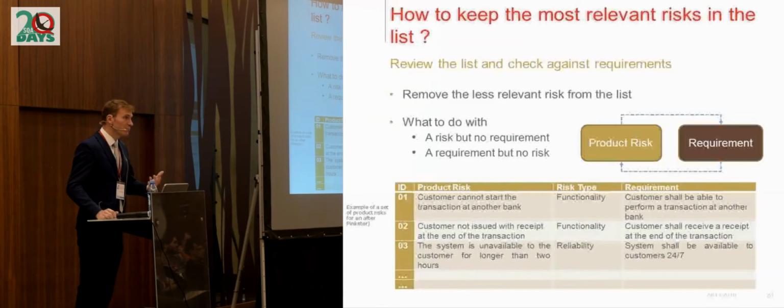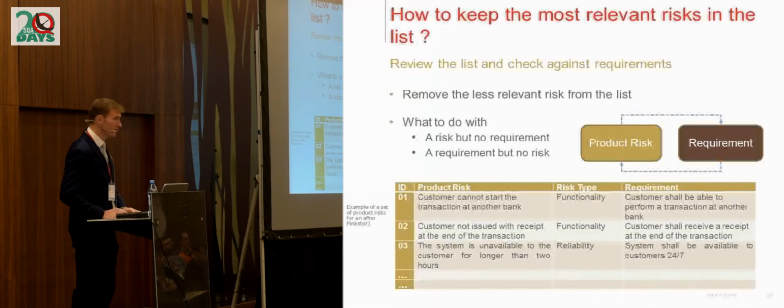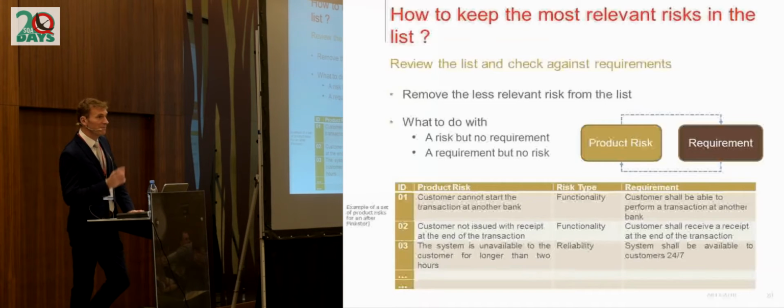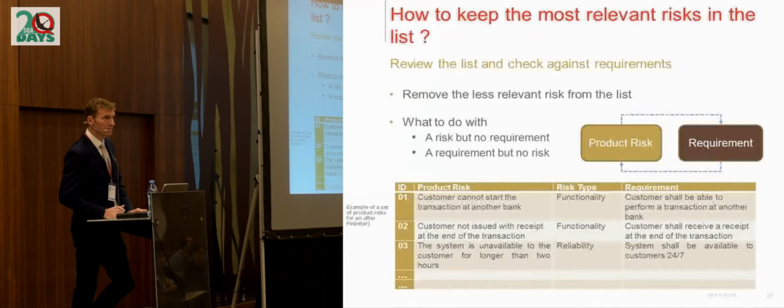A question that we often get when we start implementing the RBT is, what is the difference between a risk and a requirement? Is it the same or is it different? And what we can see is that there are different options. We may have a risk, and when we analyze the risk, we don't see any corresponding requirement.